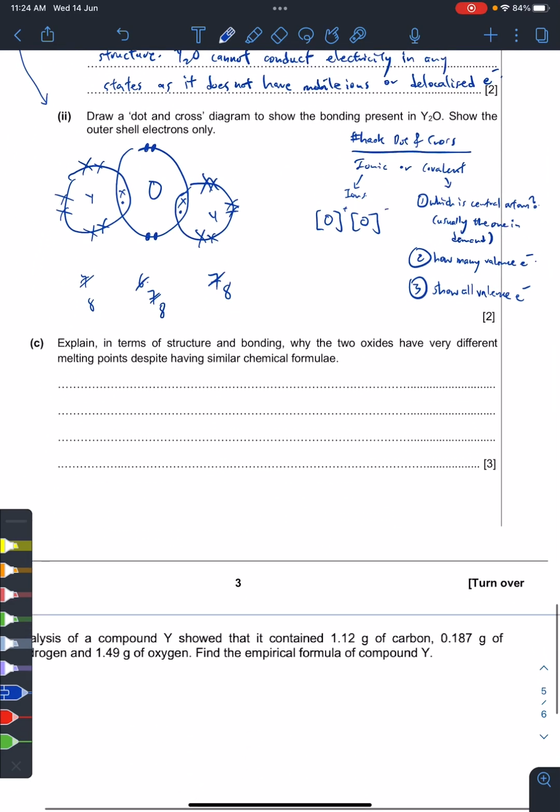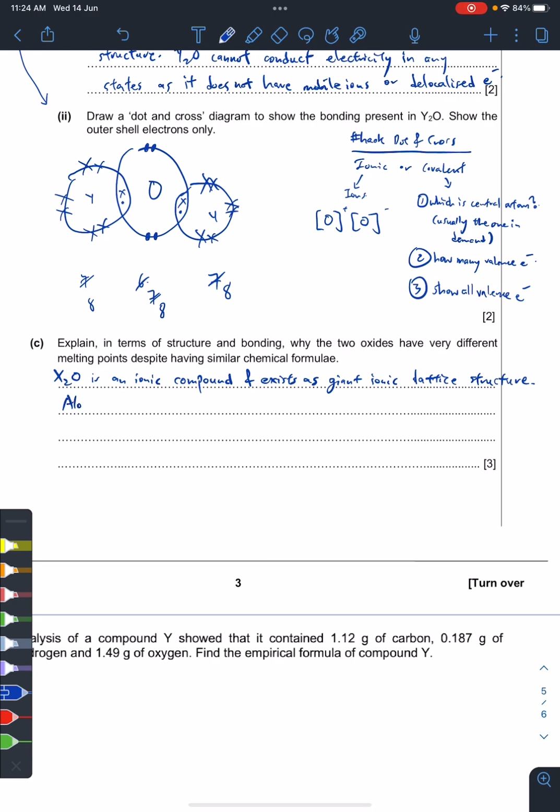This is X2O. So tell them the bonding first. X2O is an ionic compound, and it has a giant ionic lattice structure, which means a lot of energy is needed to overcome the strong electrostatic forces of attraction between oppositely charged ions.